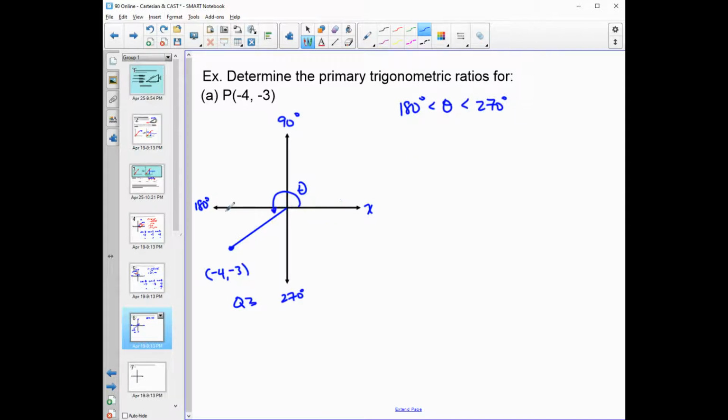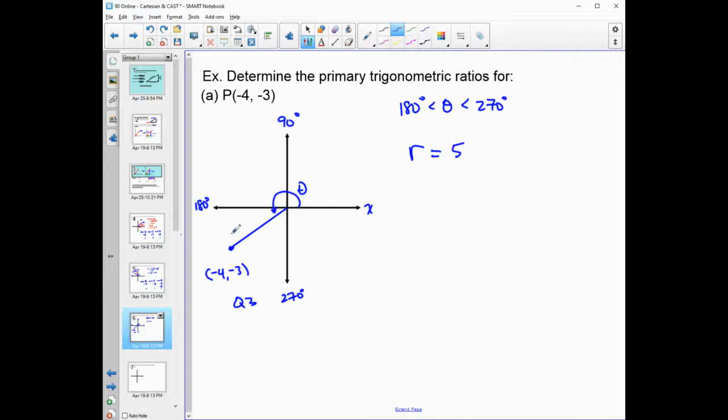For what I'm doing right now, I'm not having the angle right on the x and y axes. That's a separate thing to deal with. So the angle theta is between 180 and 270. My r value, just as before, my r value is equal to 5.